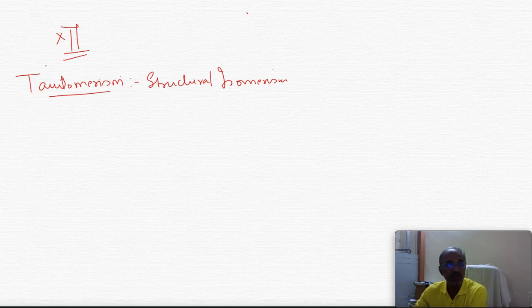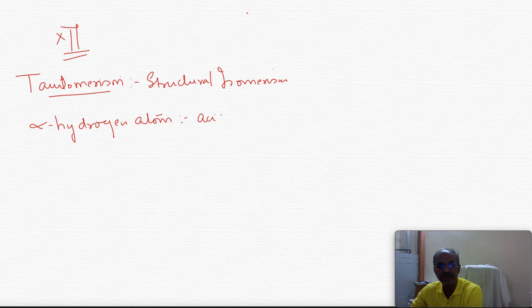First of all, what do you mean by acidic hydrogen atom, also known as alpha hydrogen atom? Basically, it means the hydrogen atoms which are placed immediately next to an electronegative group.